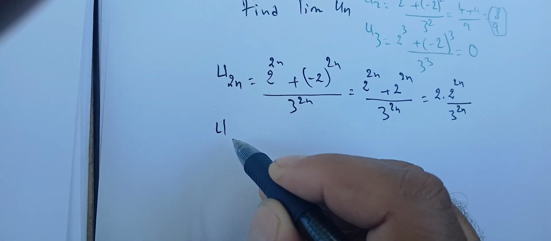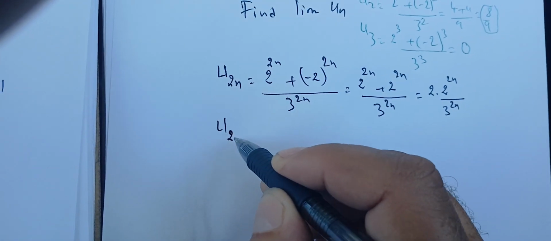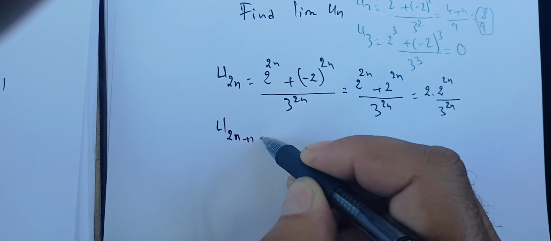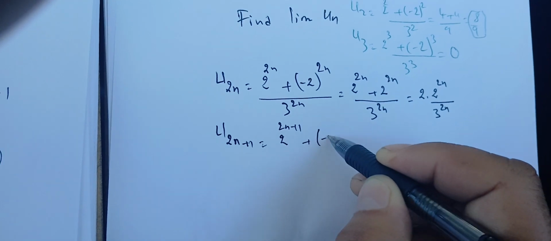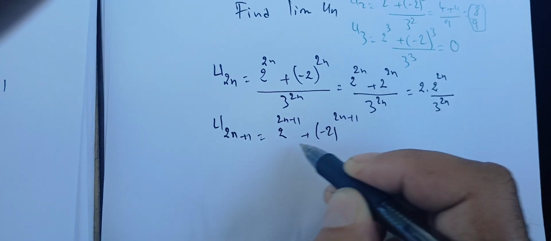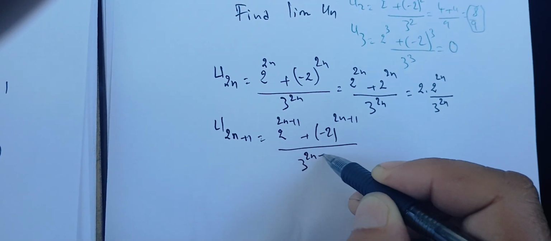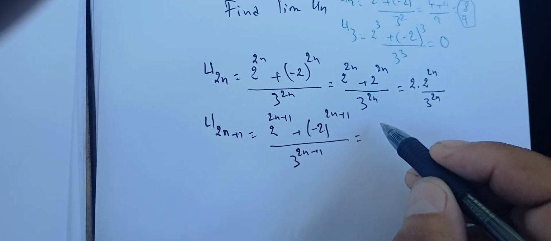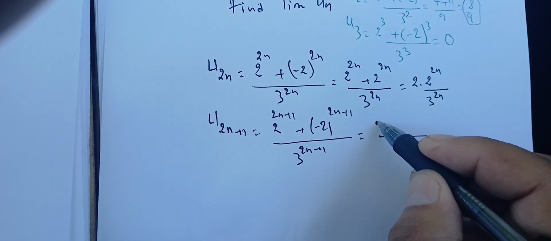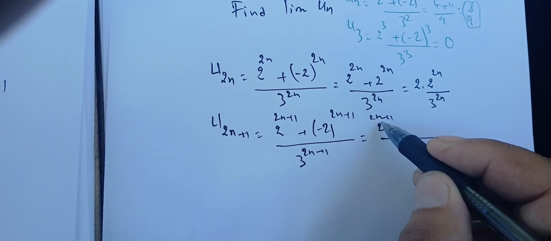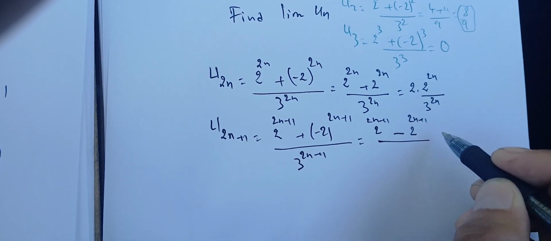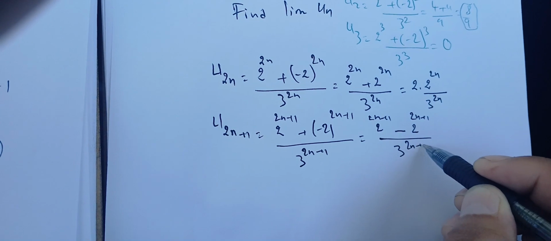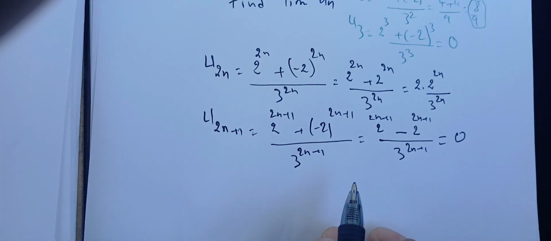If we study the odd numbers, we're going to have (2^(2n+1) + (-2)^(2n+1)) / 3^(2n+1). And we see here that clearly we have 2^(2n+1) minus 2^(2n+1) over 3^(2n+1), which is 0.